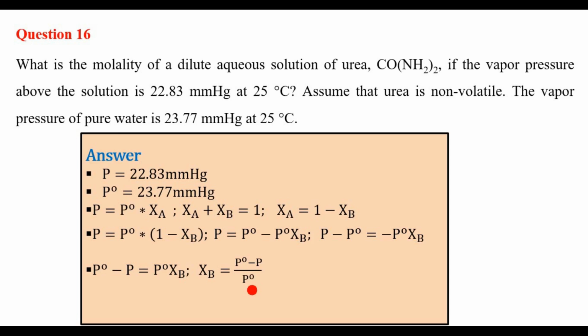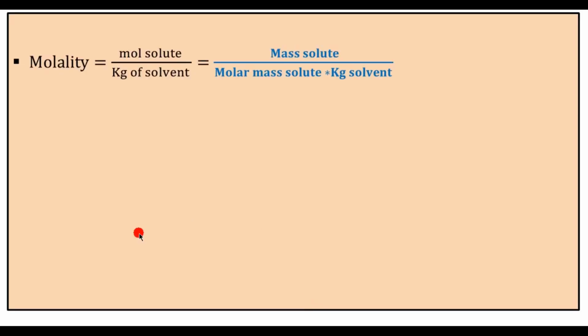Now we are looking at the molarity, and we know that this is the mole fraction of the solid. The mole fraction of the solid is equal to P naught, the vapor pressure of the pure solvent, minus the vapor pressure of the solution, divided by the vapor pressure of the pure solvent.